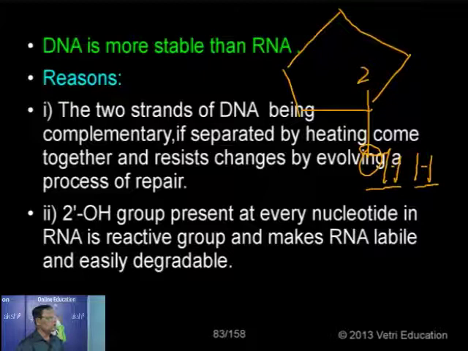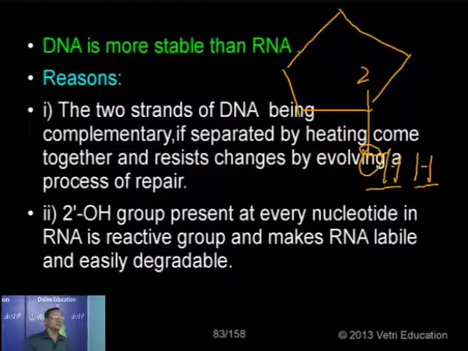Now this OH group is highly reactive. It is normally catalytic. The OH group is present at the second position of the ribose sugar of every ribonucleotide, and because of its position, only RNA is highly reactive.